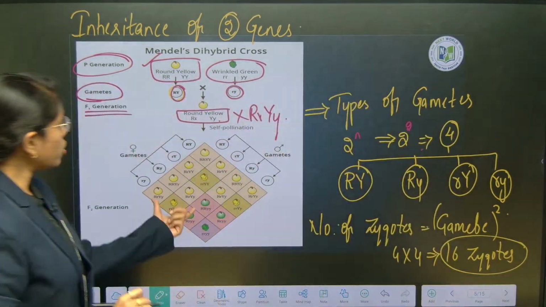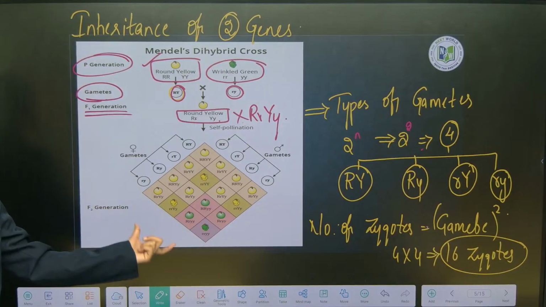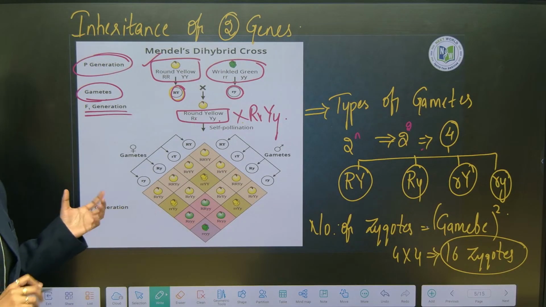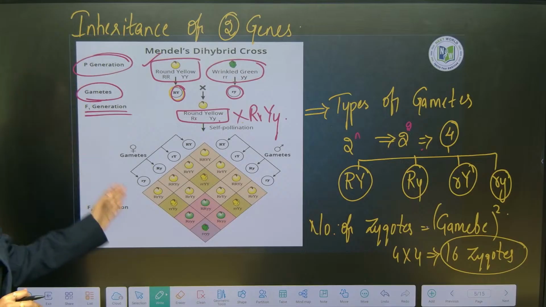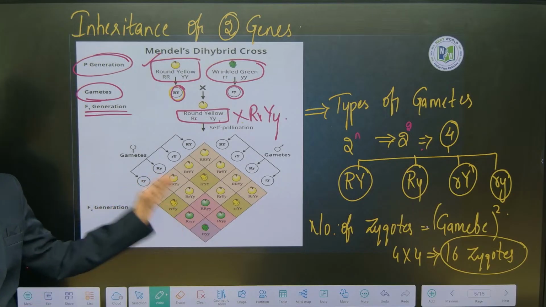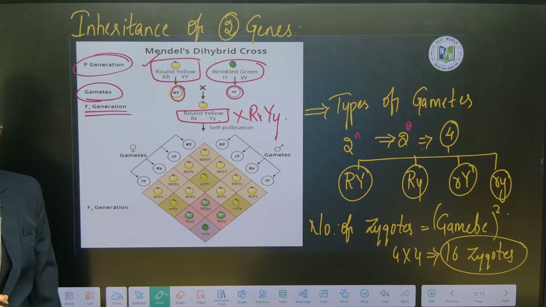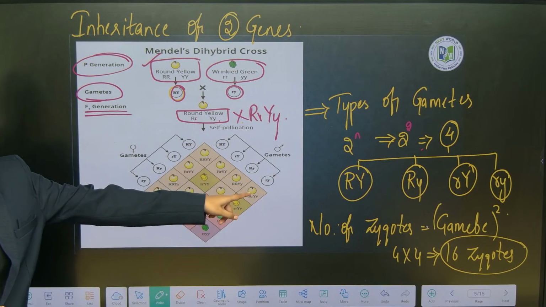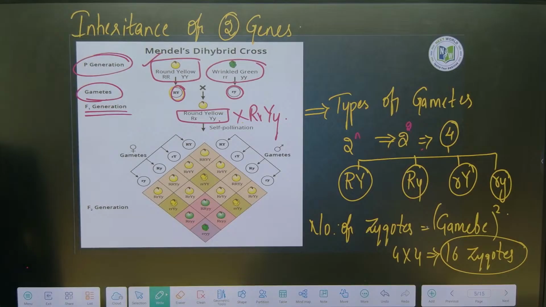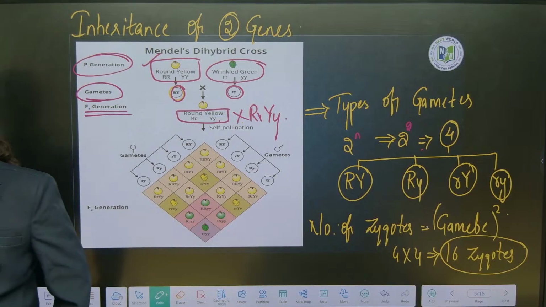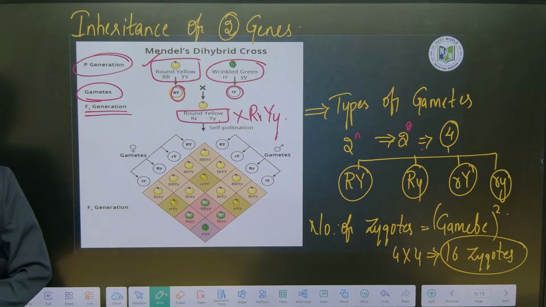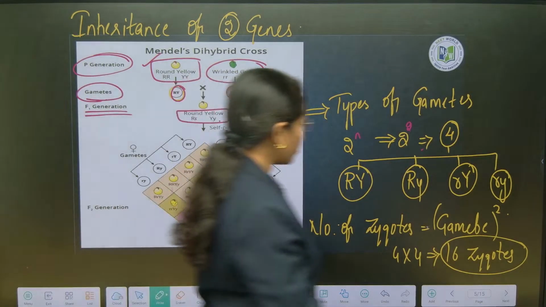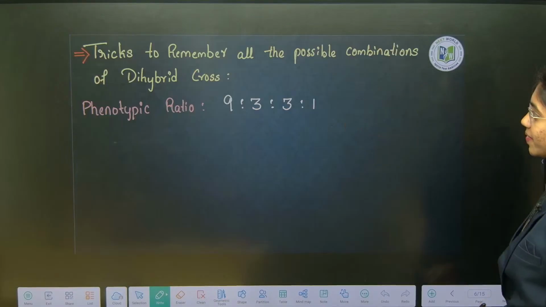Clear? Can you see from this checkerboard, a total of 16 zygotes will be formed. If you are clear with this, just take a note of it. I will tell you all the combinations of phenotype and genotype, and also the numerical applications. Take down this. Till here it is clear now, beta? Done. You have become super fast.